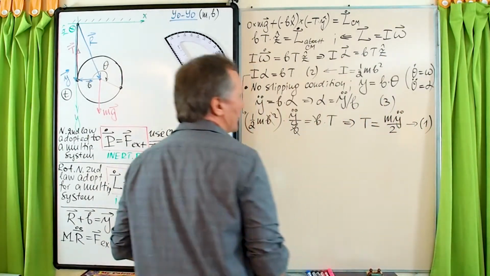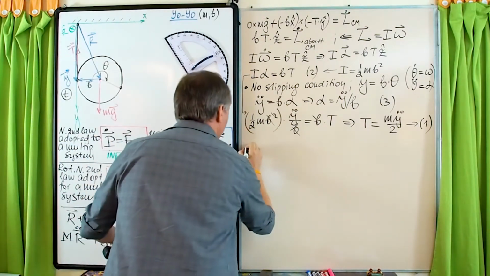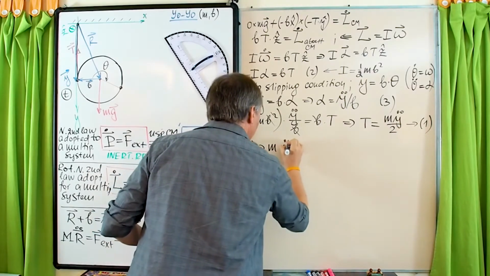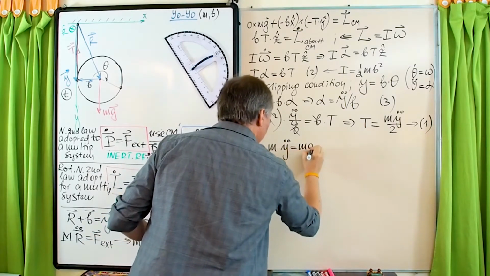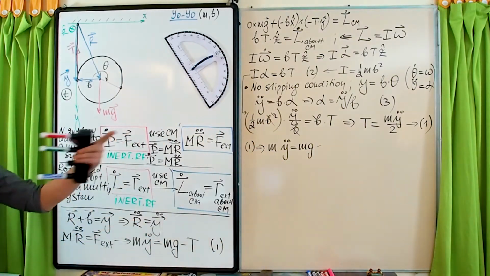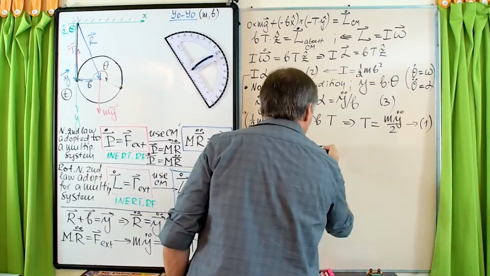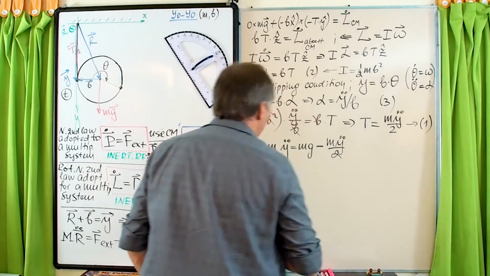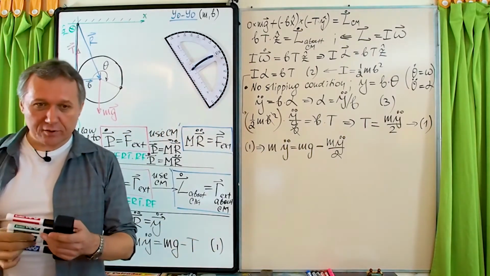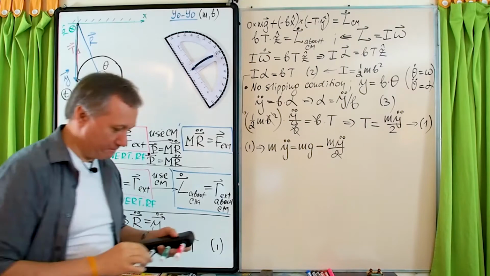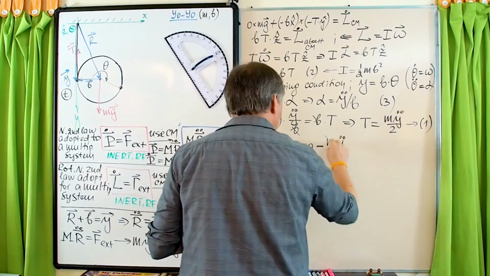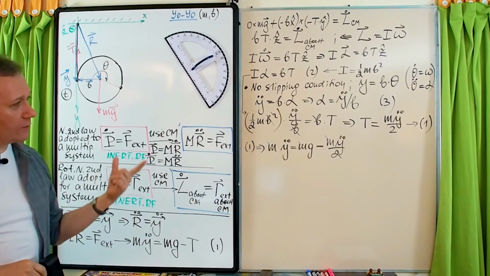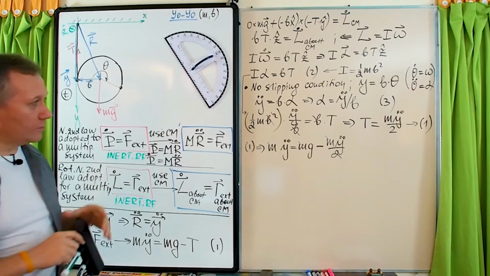Equation number 1 is m y double dot equals mg minus tension, which we just wrote down. So m y double dot divided by 2. The mass, M, will be cancelled. And as a result, that goes to that side, it will be 3 over 2.